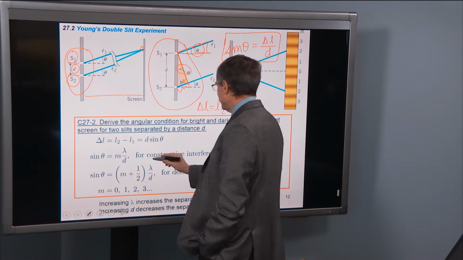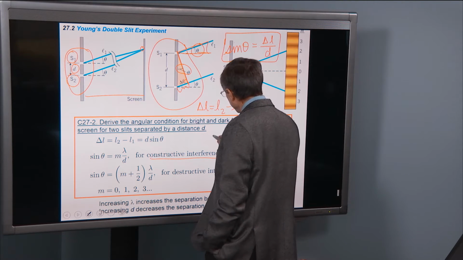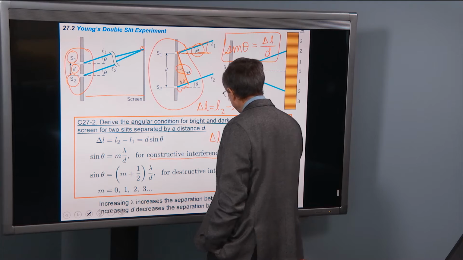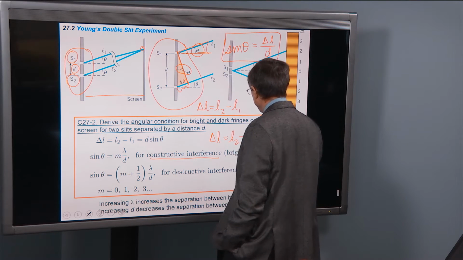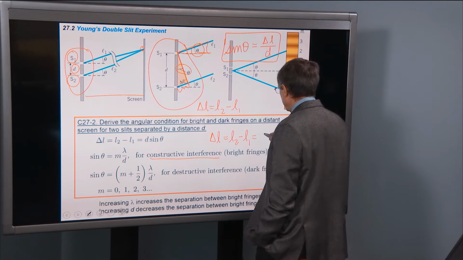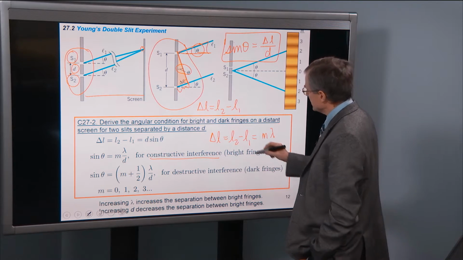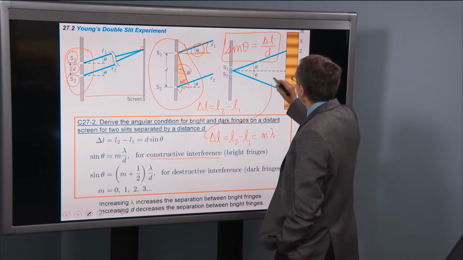If you want constructive interference, remember, delta L, which is L2 minus L1, is m times lambda. So I'm going to substitute that delta L into here.